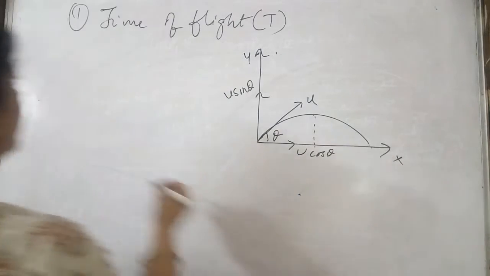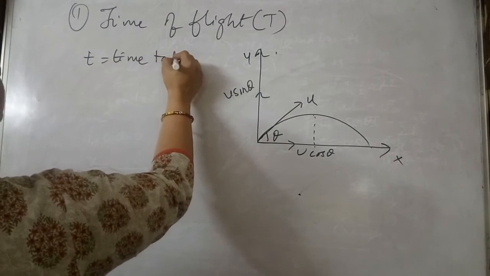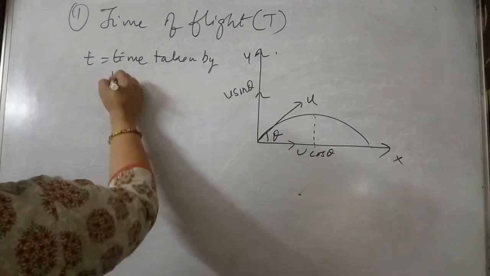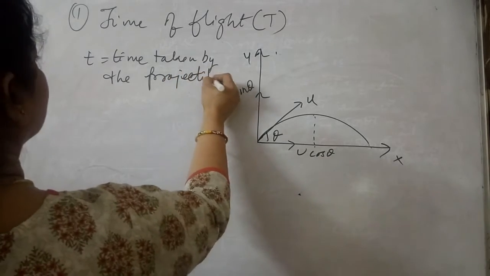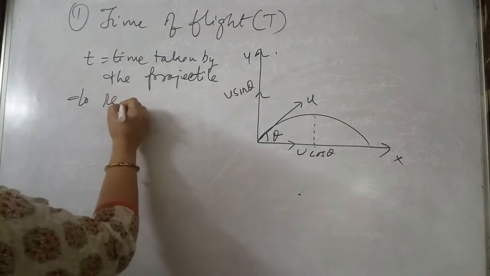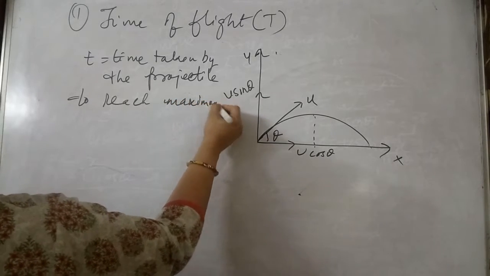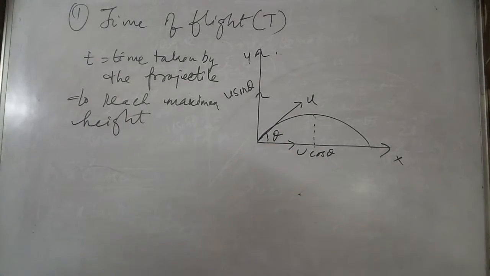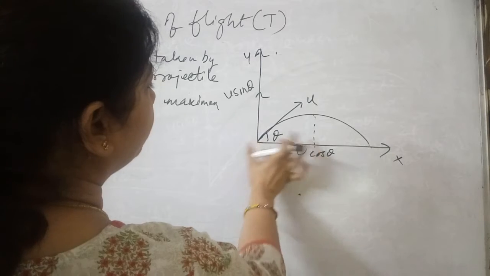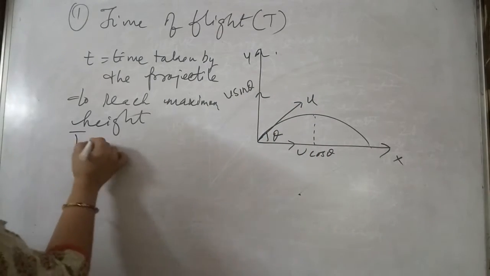Let us take small t as the time taken by the projectile to reach maximum height. If t is the time taken to reach from here till here, the maximum height, then the total time of flight T will be 2t.